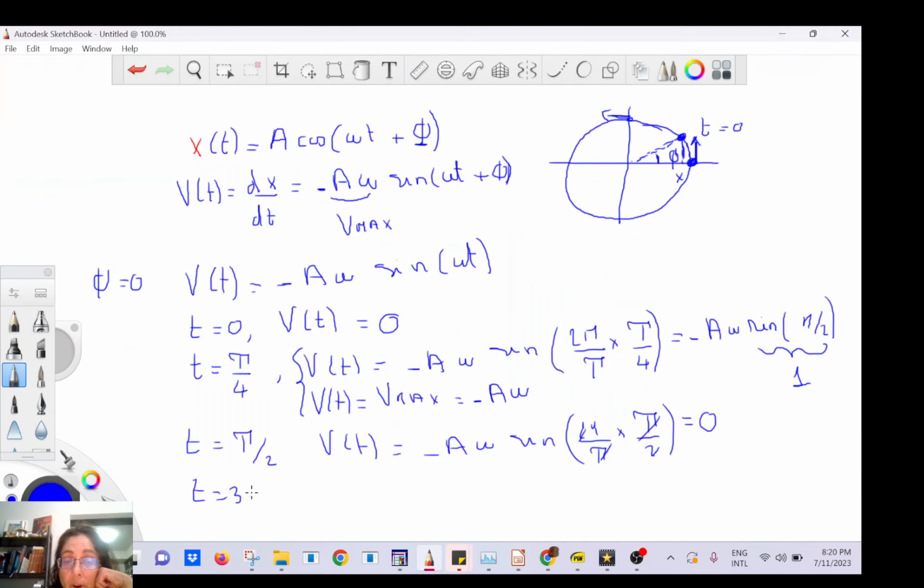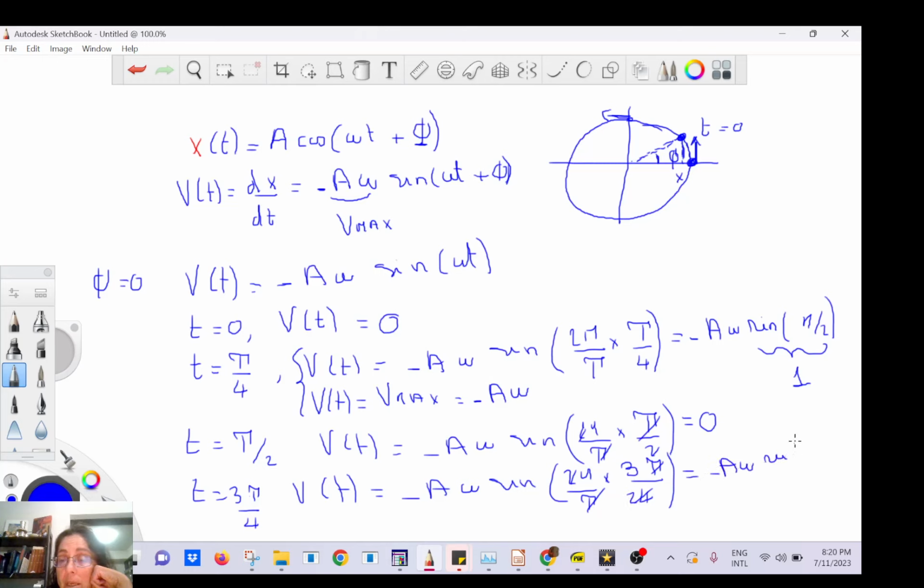At 3/4 of the period, it's going to be minus a omega sine of 2 pi times 3/4 of the period, which is sine of 3 pi over 2.